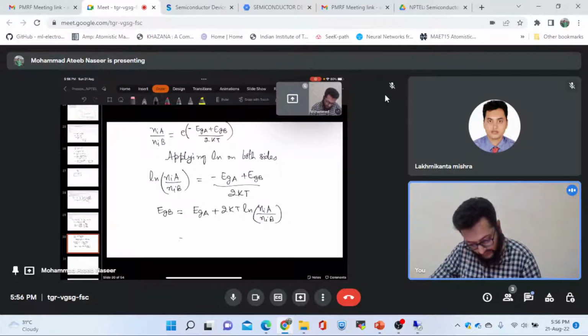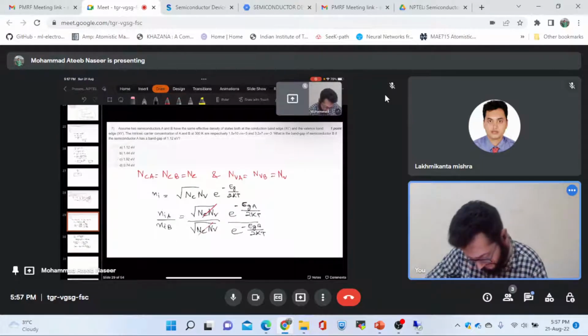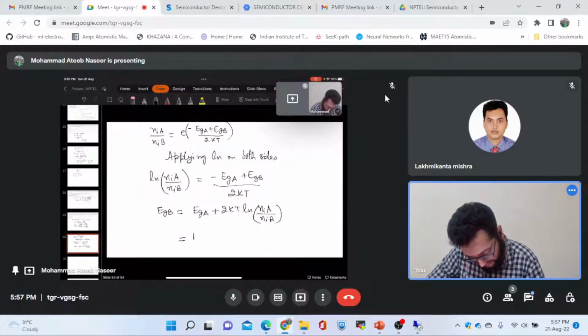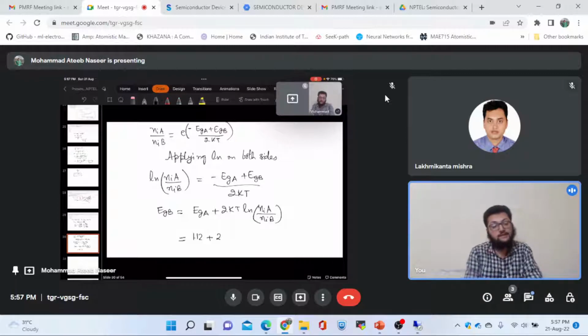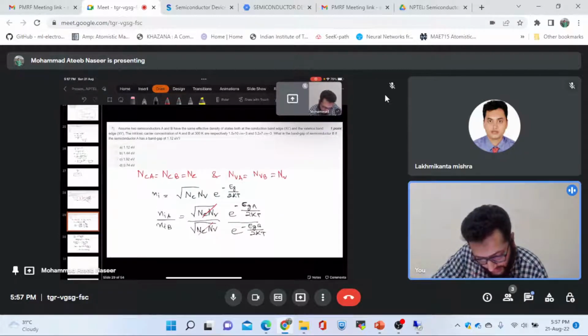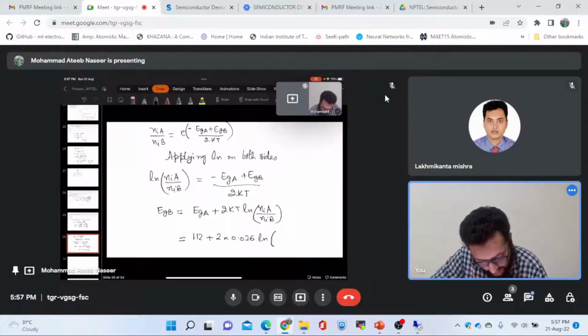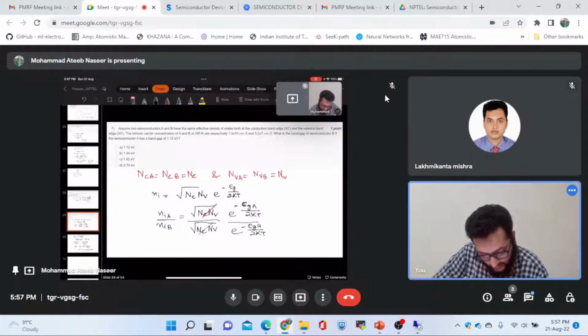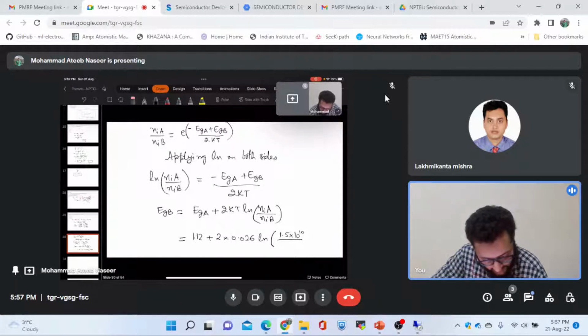So this Eg of A is given to be equal to 1.12 electron volt, plus 2 times, and this kT has a value of 26 milli electron volt, which is 0.026 electron volts, times ln of Ni of A, which is 1.5 into 10 to the power 10, divided by 3.2 into 10 to the power 7.